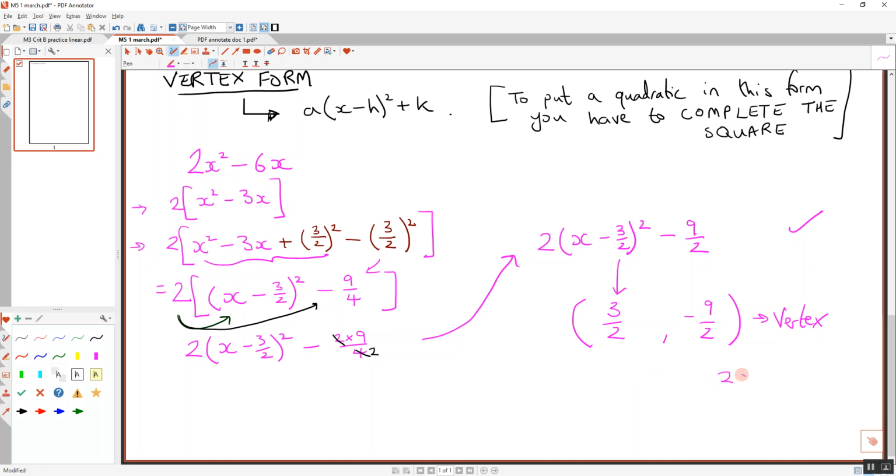So we've got 2 times 9 over 4, so it's 2 over 1. 2 times 9 is 18, 4 times 1 is 4, and then that simplifies to 9 over 2. So this also provides us with our vertex. That's another method for getting it. Now you have to be able to put quadratics into vertex form.